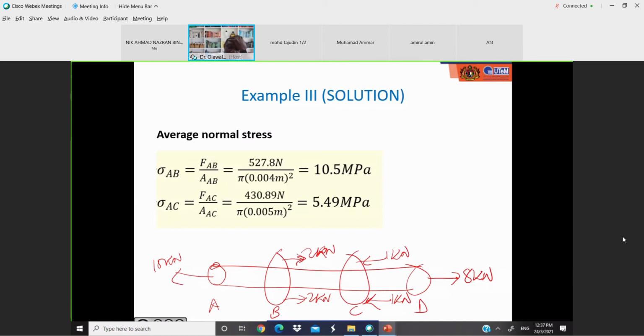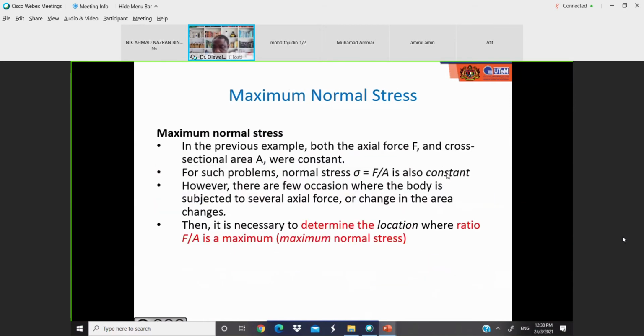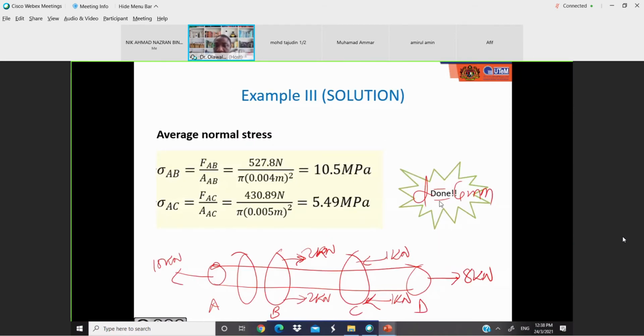Now if the diameter D is equal to 6 mm, what this implies is your stress sigma AB, sigma BC, sigma CD.